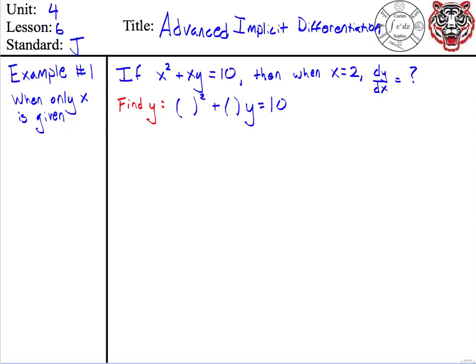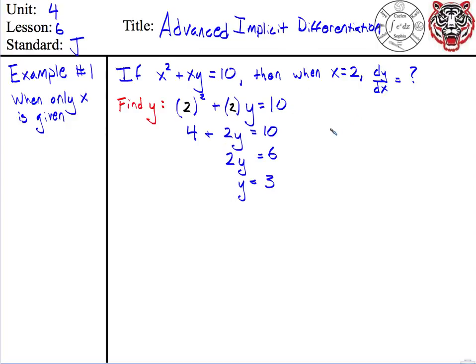I know x equals 2, so this is going to become 4 plus 2y is equal to 10. Therefore, 2y is equal to 6, and therefore y is equal to 3. Now I have an x and a y. So when I do my implicit differentiation, I can find what everything is equal to.